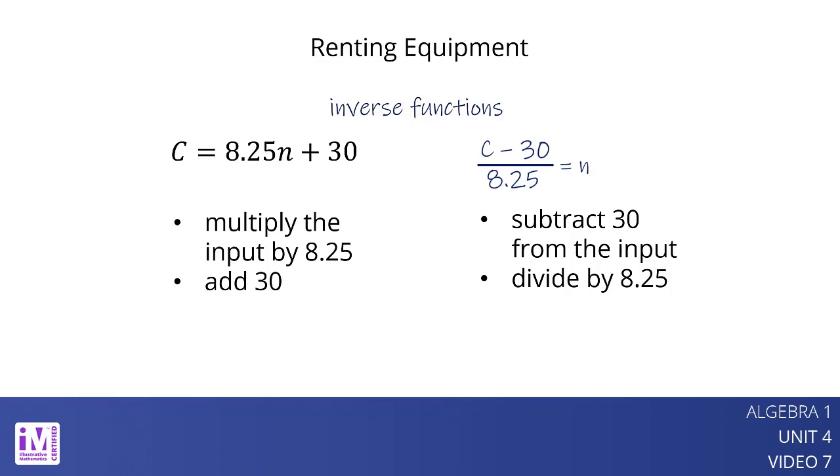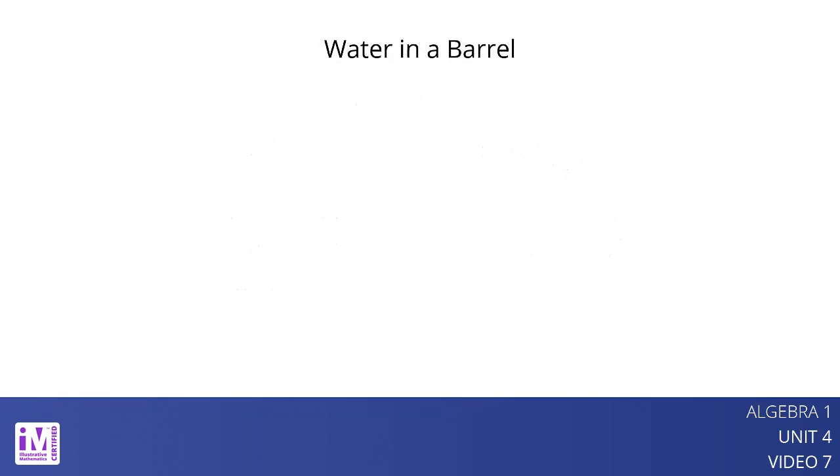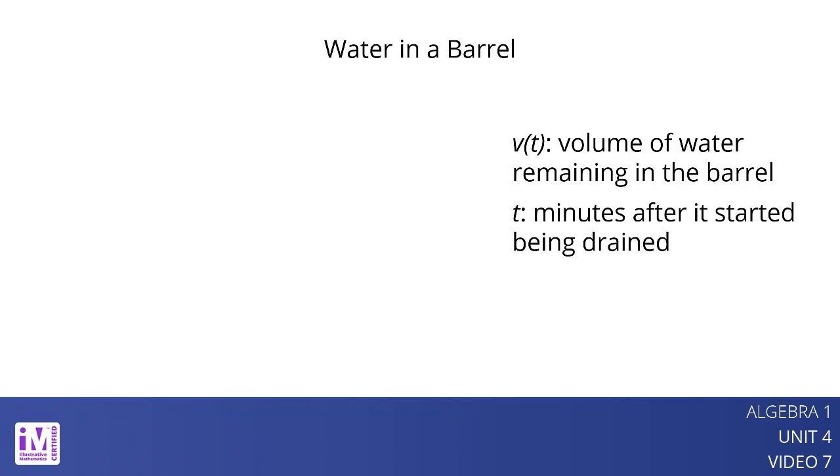Let's look at another situation. The water in a rain barrel is being drained to water a garden. Function V gives the volume of water remaining in the barrel in gallons t minutes after it started being drained. This equation represents the function V of t equals 60 minus 2.25t.